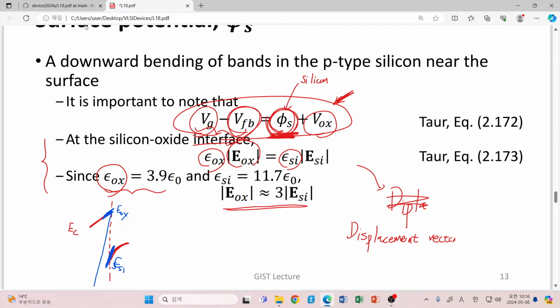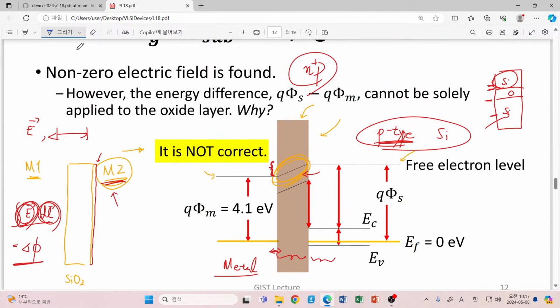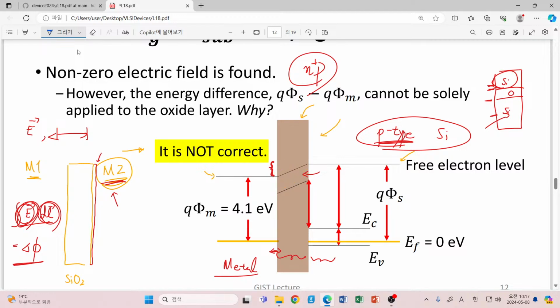For example, if you look at textbook diagrams, sometimes the diagram doesn't show this relation, but please understand this is just a cartoon, and please note that we must have a strict relation between the oxide and silicon fields.